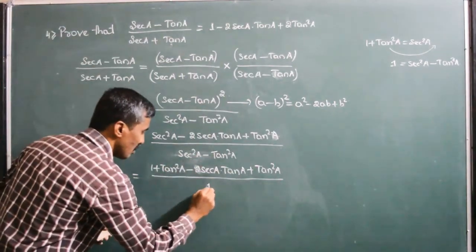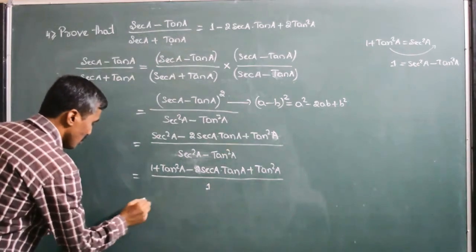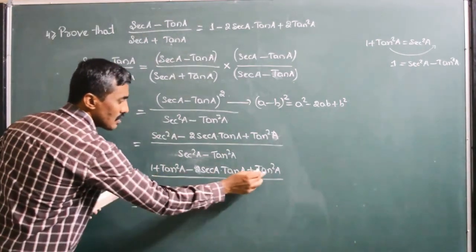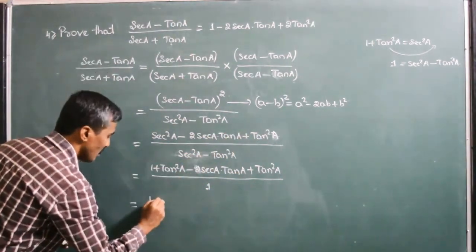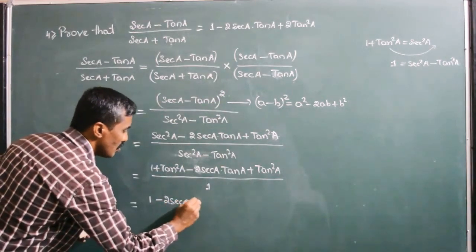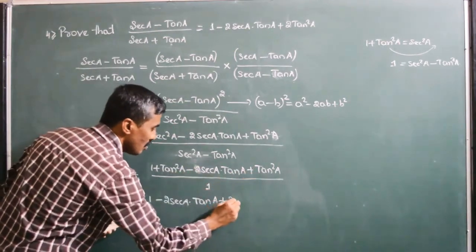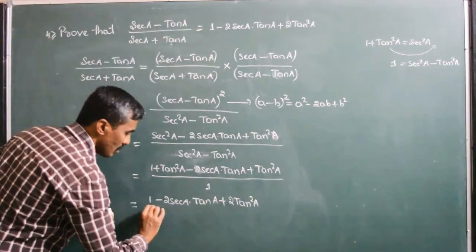So in the denominator, secant square a minus tan square a becomes 1. Now 1 plus tan square a plus tan square a, that is plus 2 tan square a. So then the second term is minus 2 secant a into tan a, plus 2 tan square a, whole divided by 1.